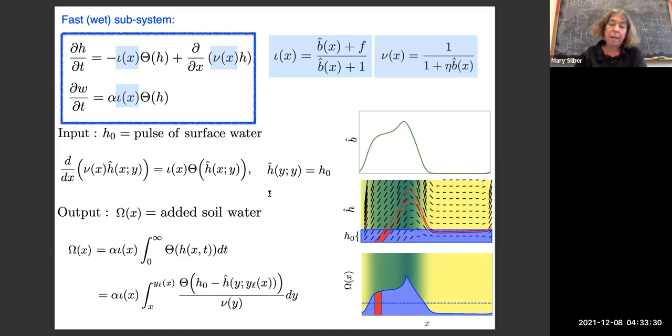The way that we actually do this is we think of these characteristics as being anchored at some location on our domain, and we follow them backwards. The amount of water that's going to infiltrate at that place depends on following these characteristics backwards and looking at the area between two of them that is below that initial surface water height.